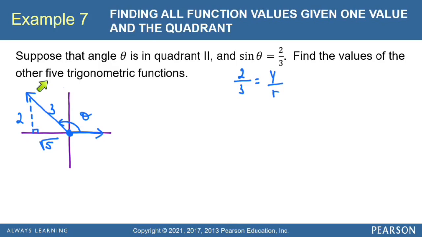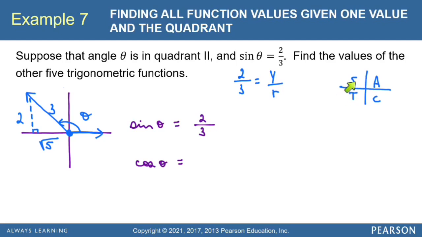Now they've asked us to find the other 5 trigonometric functions. I'm going to start with the sine just because I want to have all 6 here when I get finished. So I'm going to put sine of theta equals 2 over 3 right here. And then we're ready for the cosine of theta. And of course, when we do the rest of the functions, we'll need to keep ASTC in mind. So I've drawn it right here.